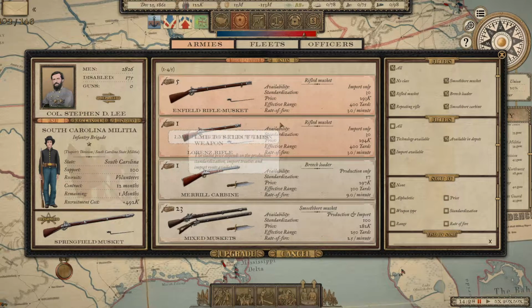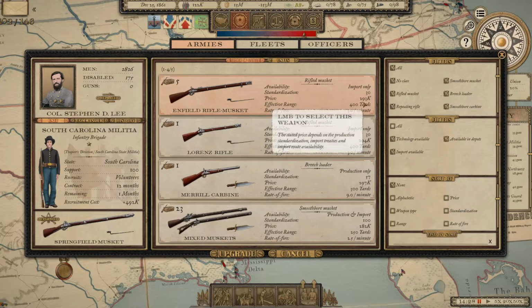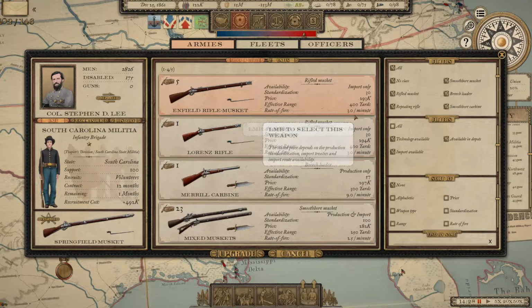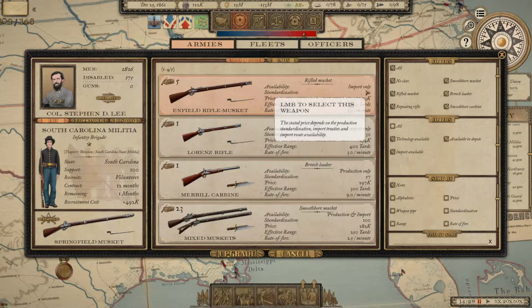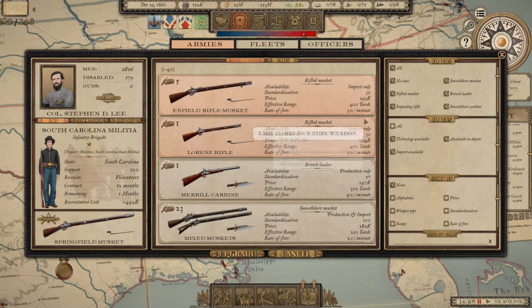Now the Enfield's an import, as is the Lorenz, and they're both good guns. In order to equip this, so this is almost the size of that full Georgia brigade, about 3,000 men, that's going to cost me $293,000 just to equip that Enfield rifle musket. The Springfield musket will go back into the armory. Again, I could have done it before and after: this is how much we put in diplomacy, and after an amount of time, this is how much it drove down prices.